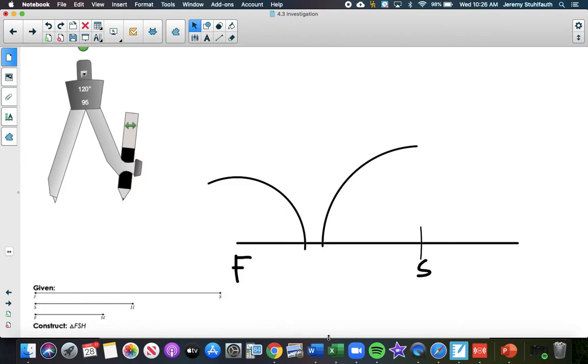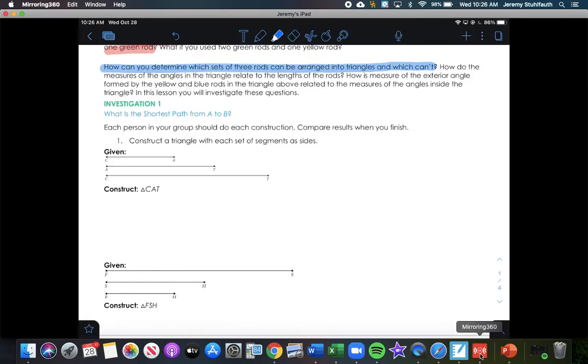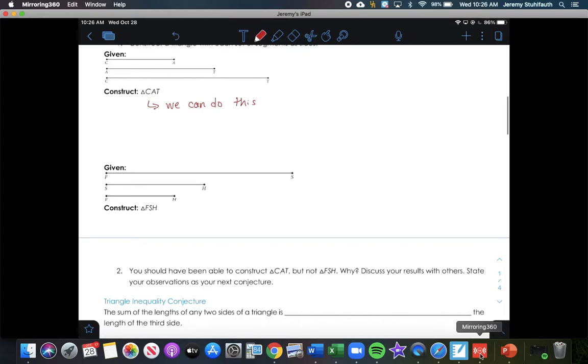So let's go ahead and jump back to our notes. We found out that with triangle CAT, we can do this. But with triangle FSH, we can't construct it.